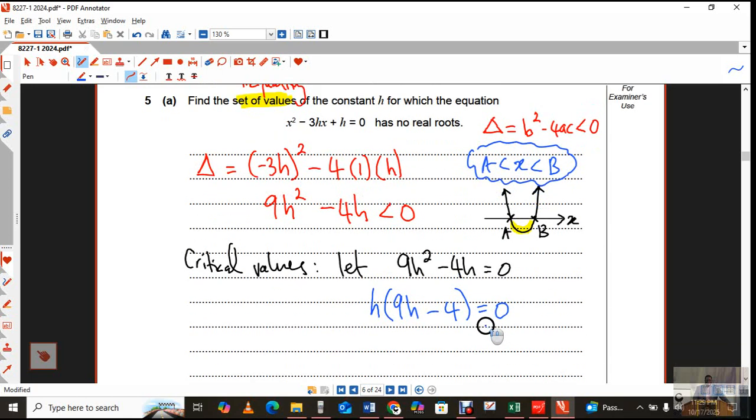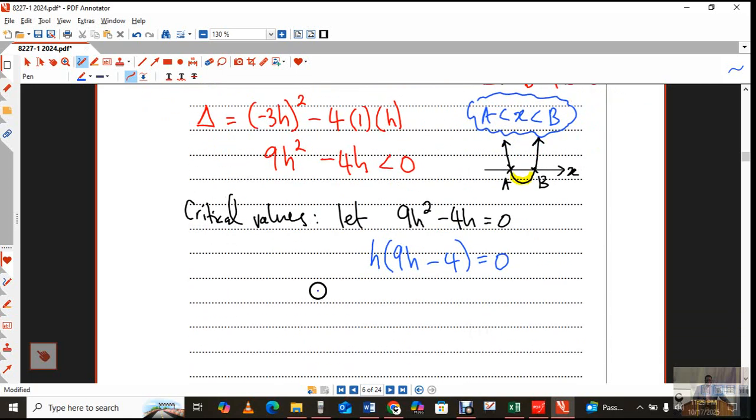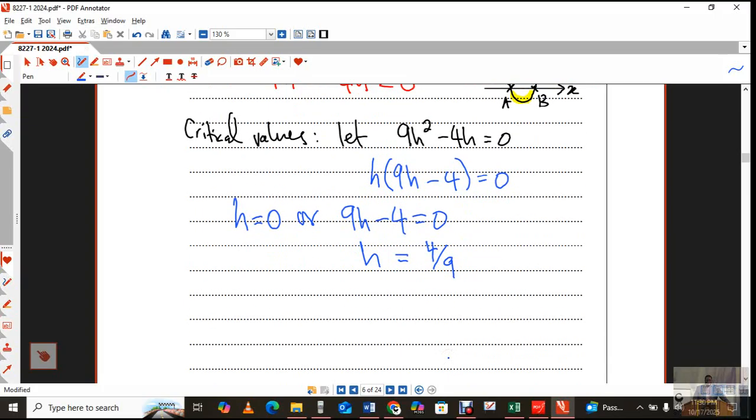And if I then find my two values, this is going to be h is equal to 0, or 9h minus 4 is equal to 0. In such case, h would equal 4 over 9. So now that I know my two values, that implies my solution will be h between 0 and 4 over 9. And this is the range of values that I'm looking for, as required in the question.